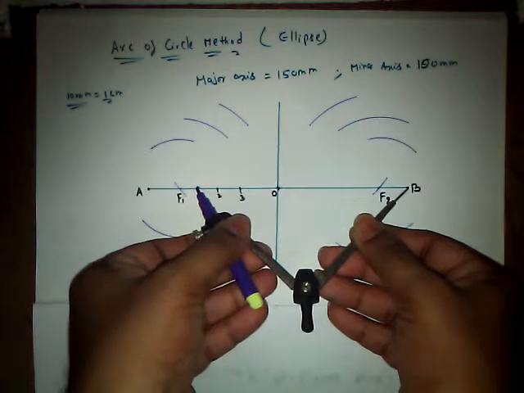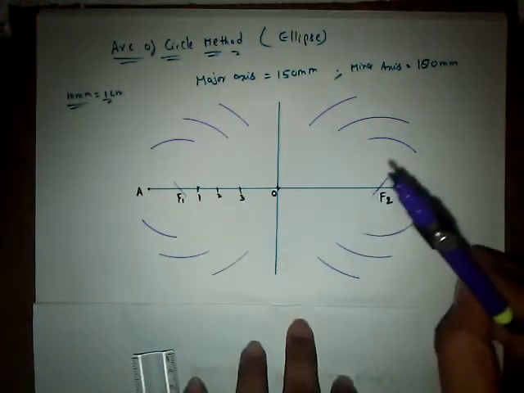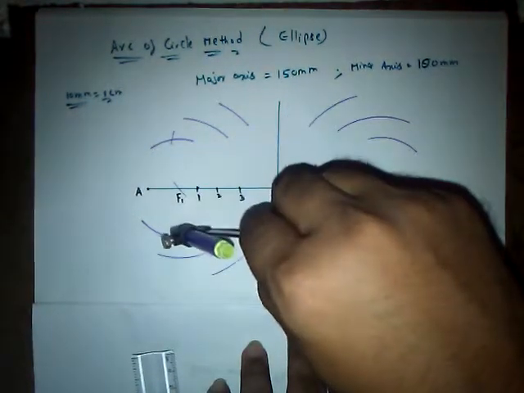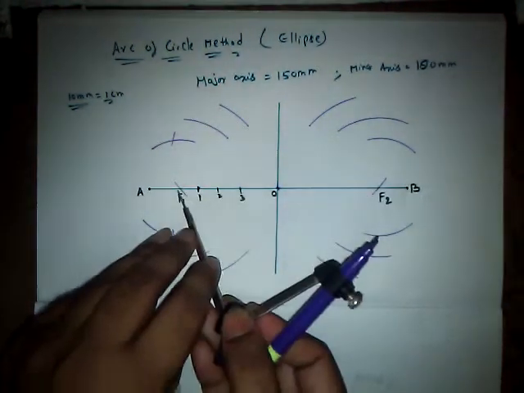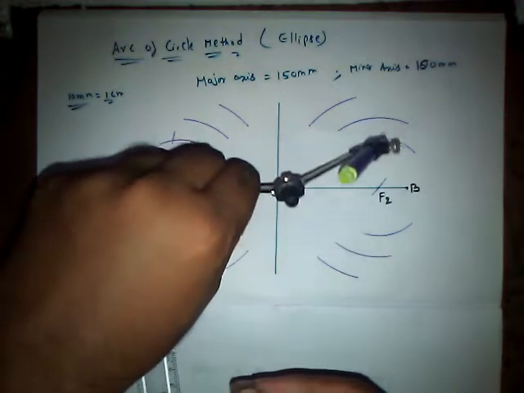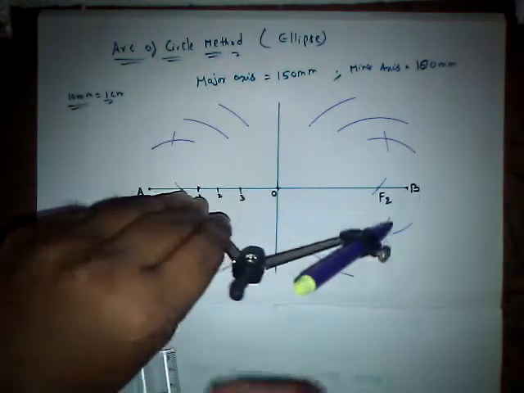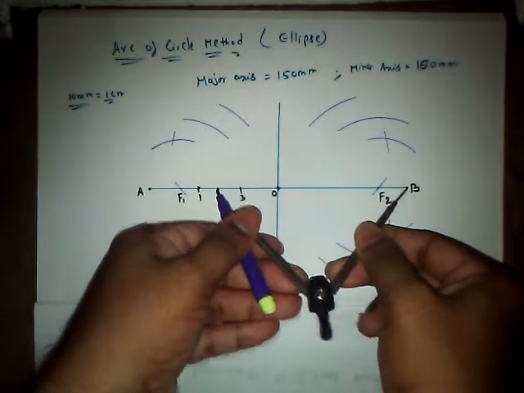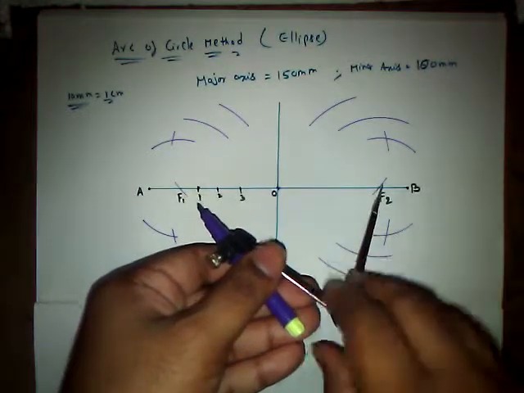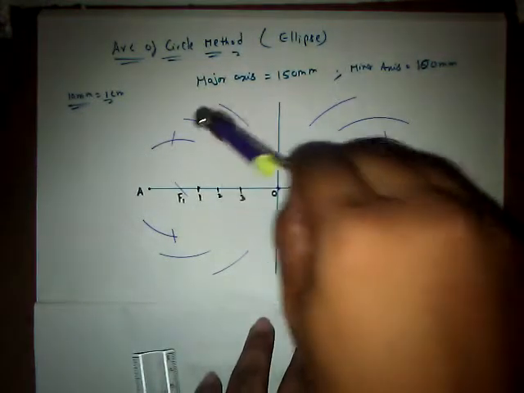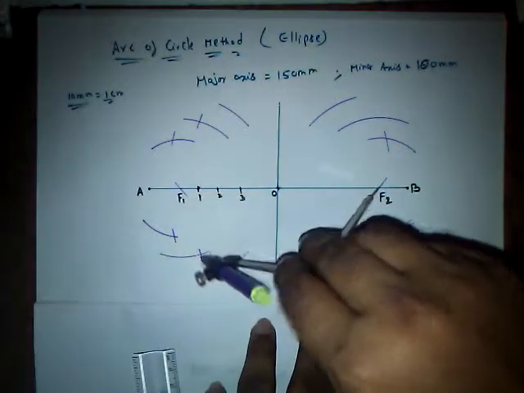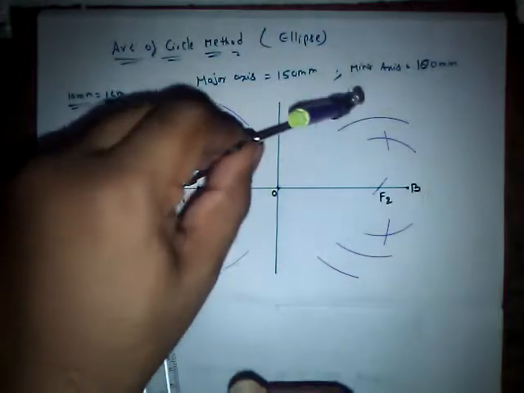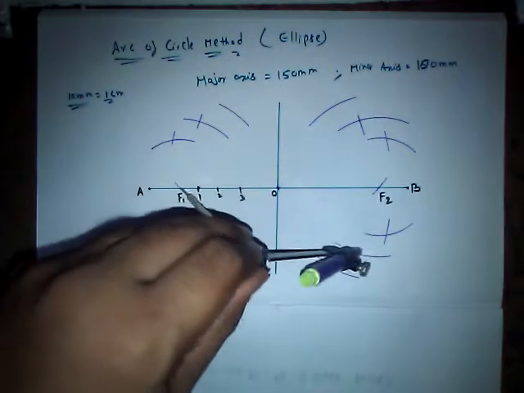So B1 as radius. Okay guys, now F2 as center, cut the previous arcs over here and here with the same radius, and F1 as center, cut the previous arcs here. Fine. Now with B2 as radius, F2 as center, let us cut the opposite arcs, and with the same radius, with F1 as center, let us cut these two previous arcs.